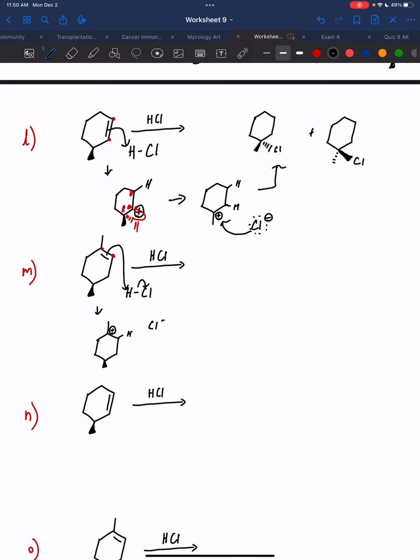From here, there's no other rearrangement that I can make to make my carbocation more stable, and so I immediately attack with my nucleophile, and this is my product. Yeah, and I would write this as straight lines because I don't believe there's a stereogenic center right here, since these groups should be the same.